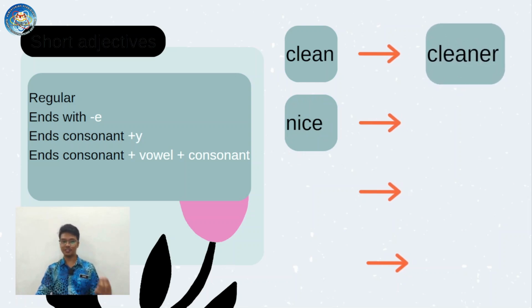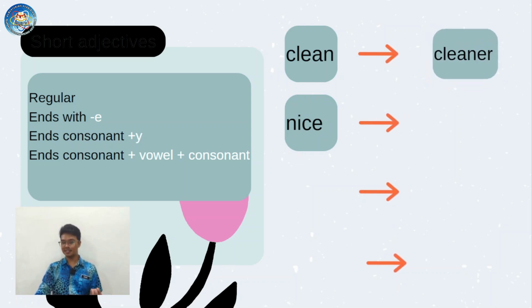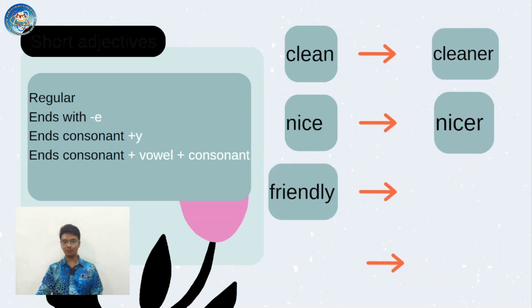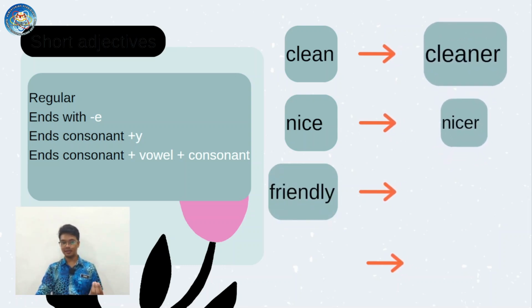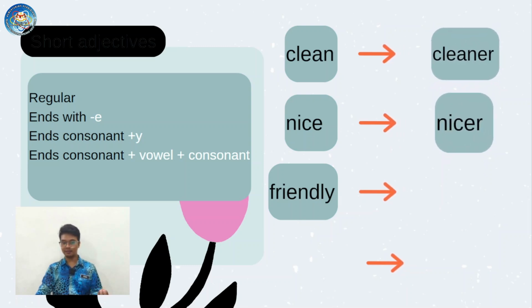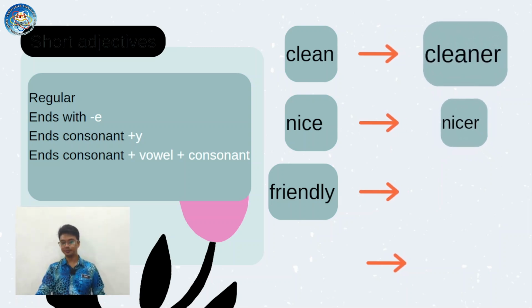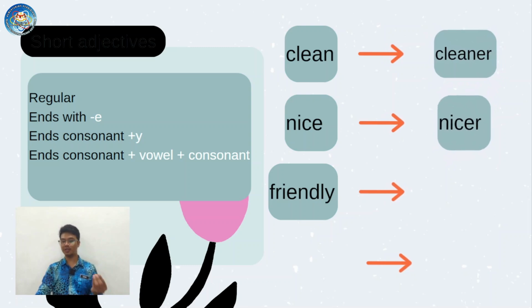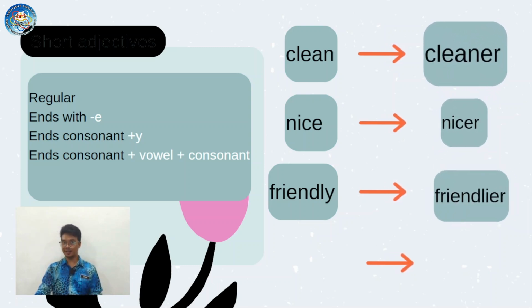When we change it to comparative adjective, we are going to have nicer. And then we also have friendly. Friendly here is the adjective that ends with the consonant Y. So when we change this word friendly to comparative adjective, we are going to have friendlier.